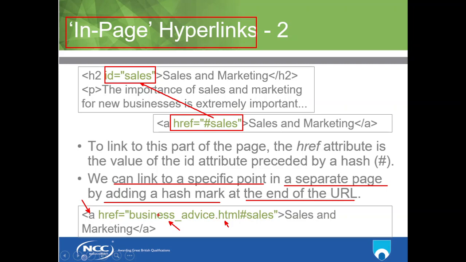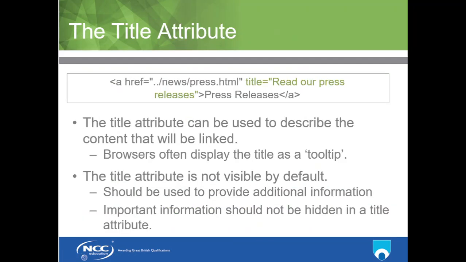But on that page, you want to go to the specific heading 2, which is talking about sales. So how do you do that? After businessadvice.html, you enter hashtag sales. So when a person clicks on this, sales and marketing, it's going to load this page and scroll to this point where we have the H2 with the ID value sales. So very interesting stuff there.